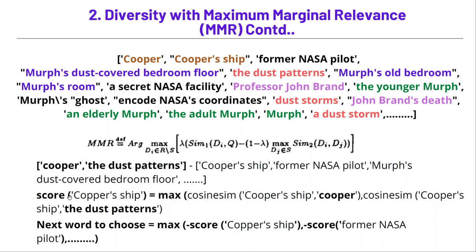So simply, score of copper ship is max of cosine similarity of Cooper ship with Cooper, and then cosine similarity of Cooper ship with the dust pattern. Simply put, you will get the max cosine similarity of this word compared to both of these things.